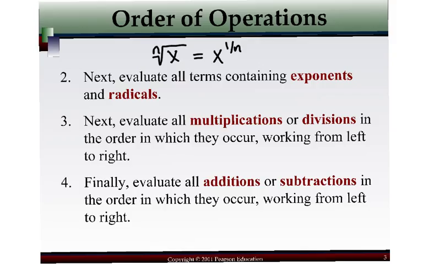Alright, so after you do exponents and radicals, next thing is multiplication or division. The reason I put this together is it's not always multiplication then division like the PEMDAS thing that you've learned: parentheses, exponents, multiplication, division, addition, and subtraction.